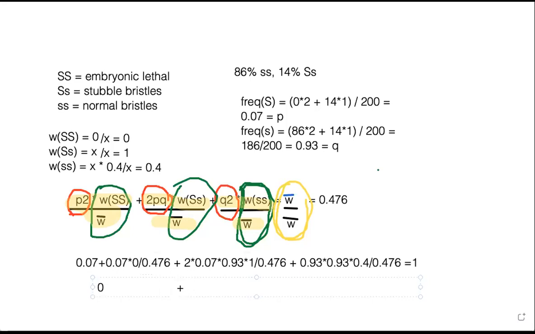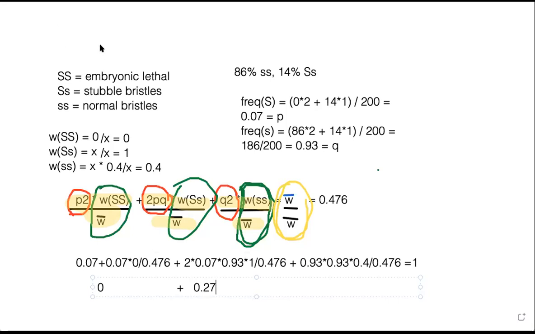Our frequency of heterozygous flies is going to be 2 times 0.07 times 0.93 times 1 divided by 0.476. And that comes out to 0.27.